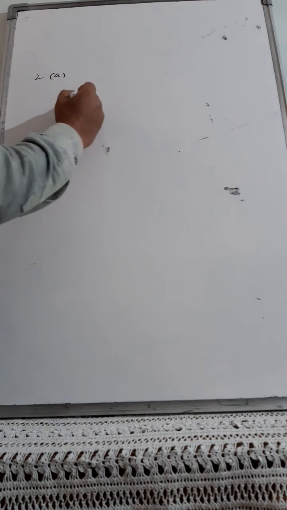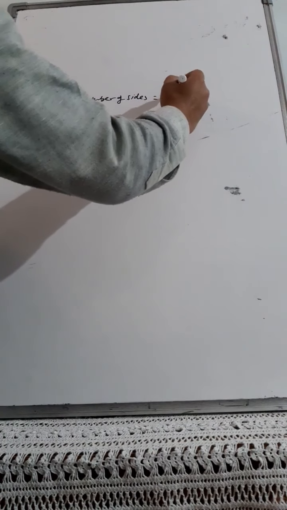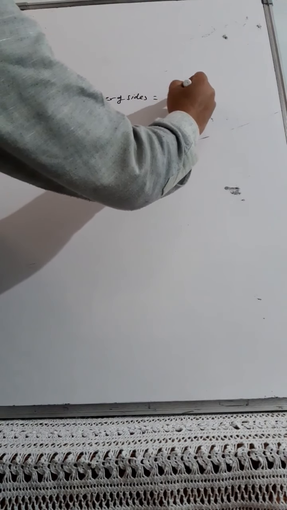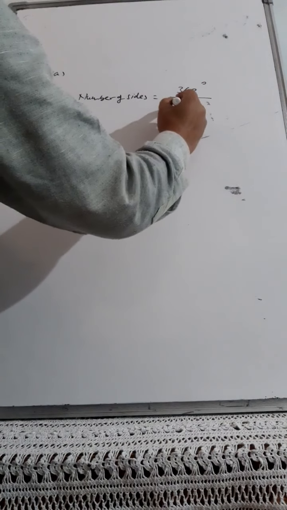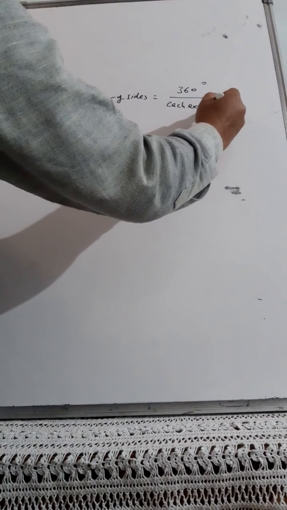Then the second question, A part: how many sides does a regular polygon have if the measure of an exterior angle is 45 degrees? Yesterday I told you that the number of sides is always equal to 360 degrees divided by each exterior angle.